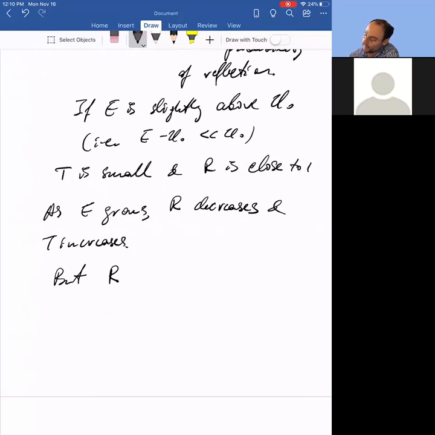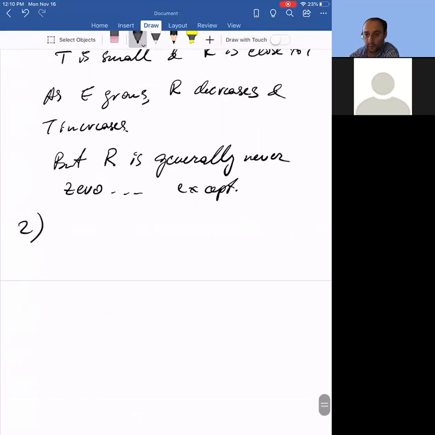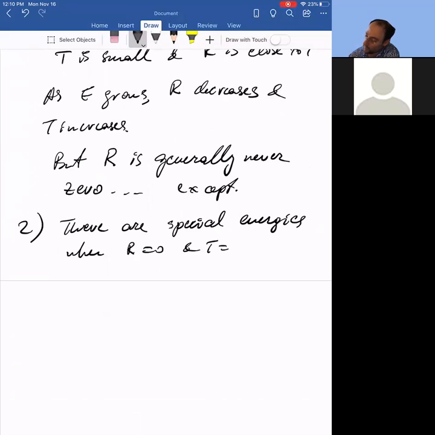But R, the reflection probability, is generally never 0, except, this is point 2, there are special energies when reflection is 0 and transmission is 1. So at those special energies, the well is completely transparent.